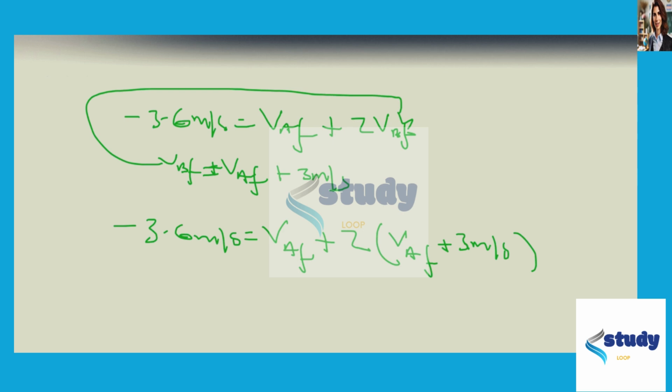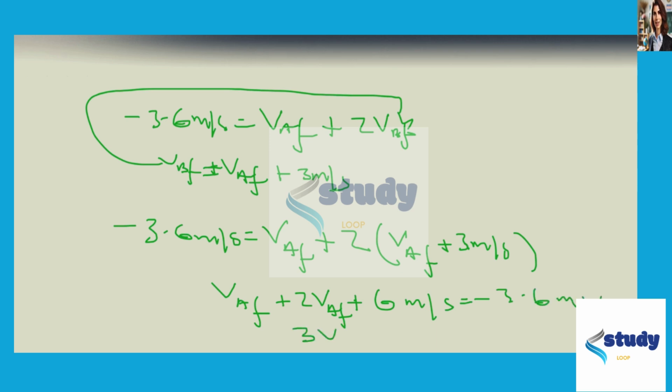And then we can do some substitutions here. We solve for the final velocity of A, so we have negative final velocity of A plus 2 final velocity of A plus 6 meters per second equals negative 3.6 meters per second.